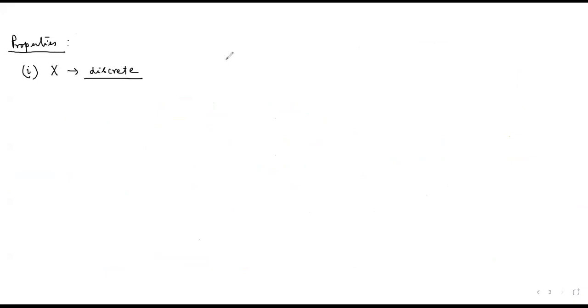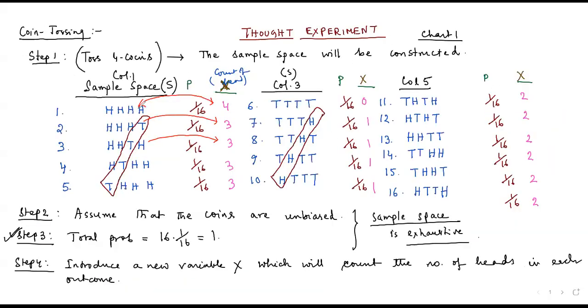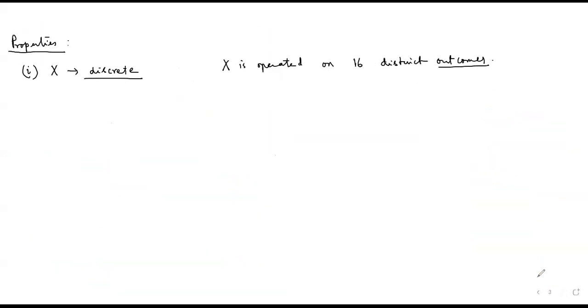Because X is operated on 16 distinct outcomes. Each of these outcomes can be noted and you can operate X on it. You can say, yeah, this is the first outcome, this is the second outcome, this is the third outcome, and so on. So you can count them.